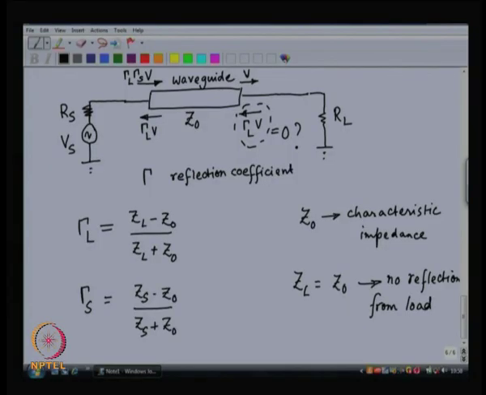Now, you do not want this reflected signal to reflect back again. So, you do not want to keep having reflections and allowing echoes to happen. Therefore, you want gamma s also to be equal to 0. What does that mean? If gamma s is going to be equal to 0, then Z s has to be equal to Z 0.